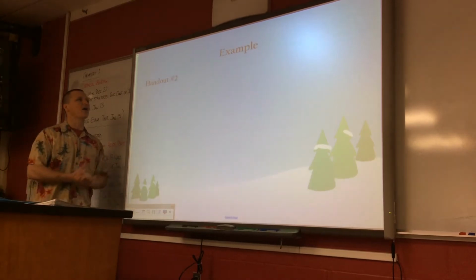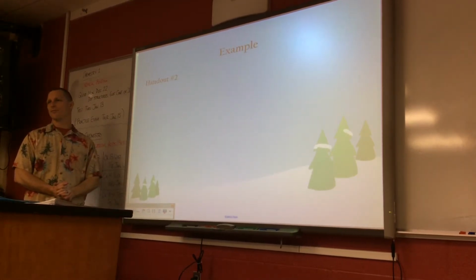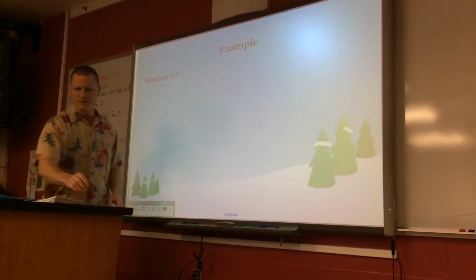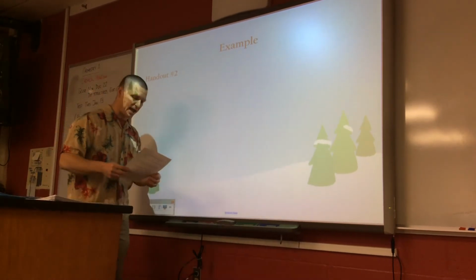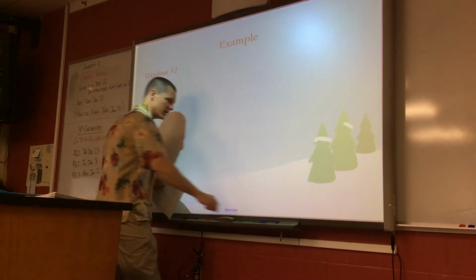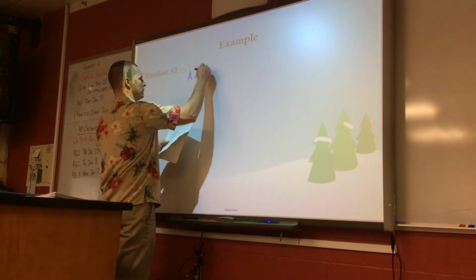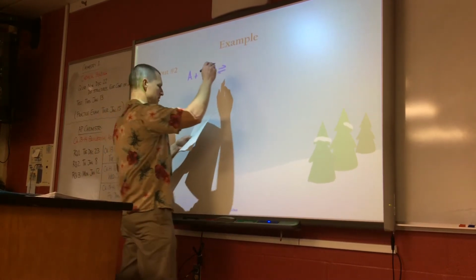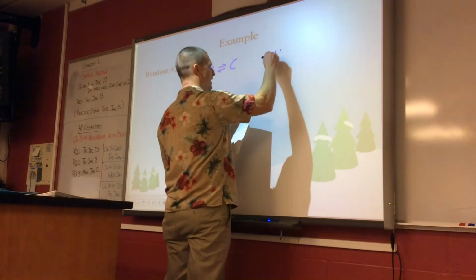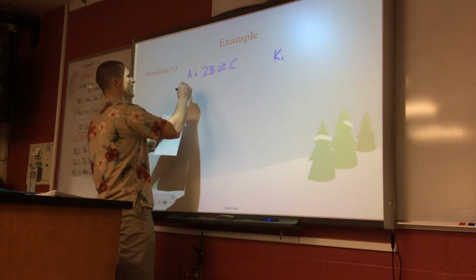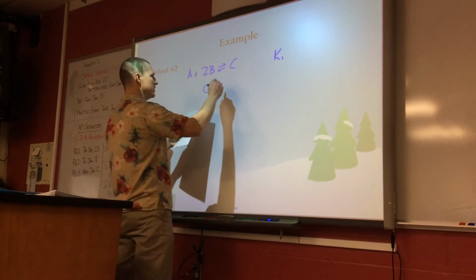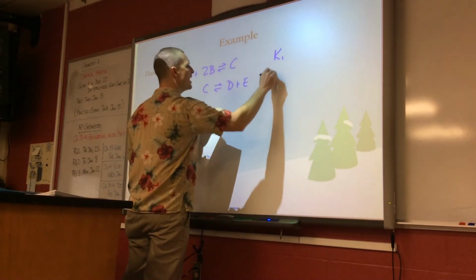All right. So now, let's try number 2. I'd like to do this one with you, and then I'll ask you to try numbers 3 and 4. But let's do number 2 together. So we have A plus 2B yields C. That has a K value. And then we have C yields D plus E. That has a K value.